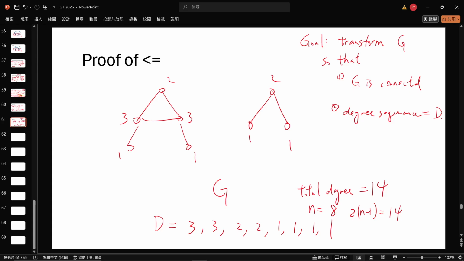All right, so let's first consider this example. For this example, how to transform it, how to modify it so that it becomes connected without changing the degrees?